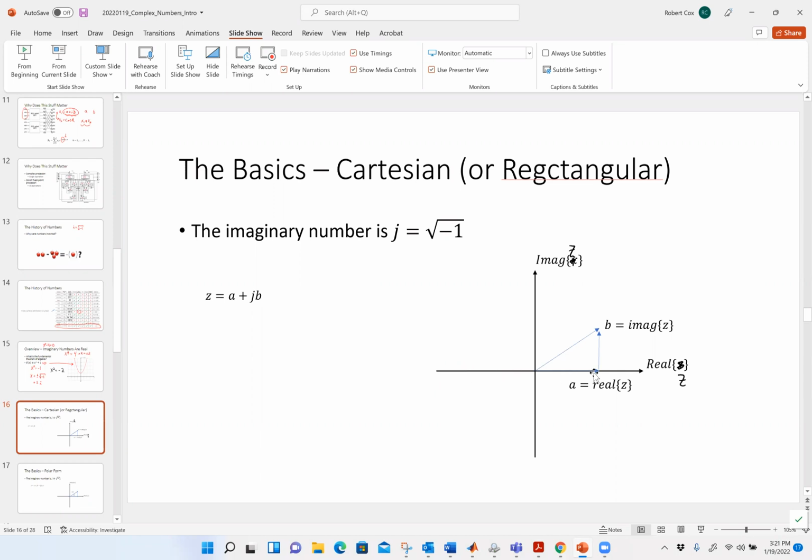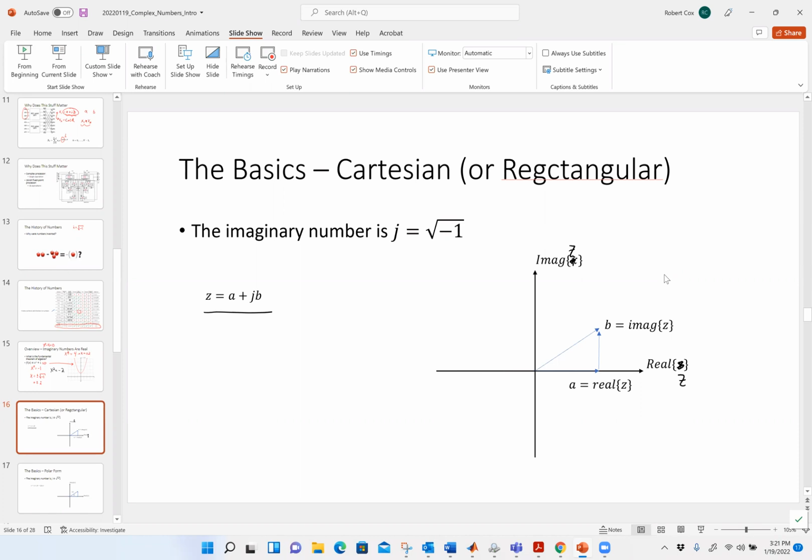The x-axis is where I draw the real part, and the y-axis is where I draw the imaginary part. So if my general form of a complex number z is a plus jb, the x-axis value is my real part, and the y-axis value is my imaginary part.